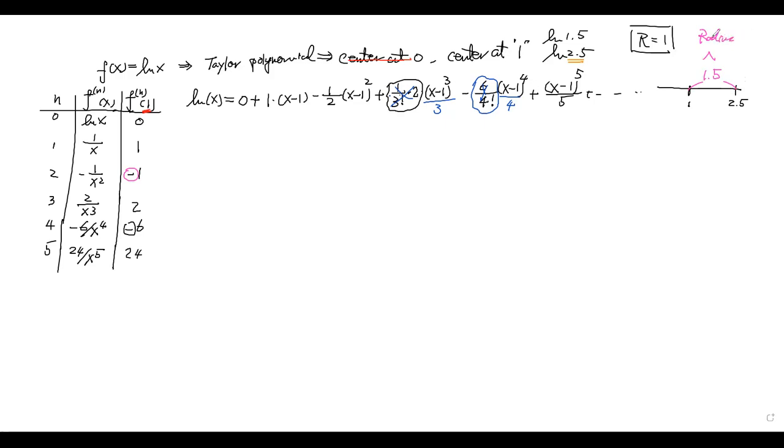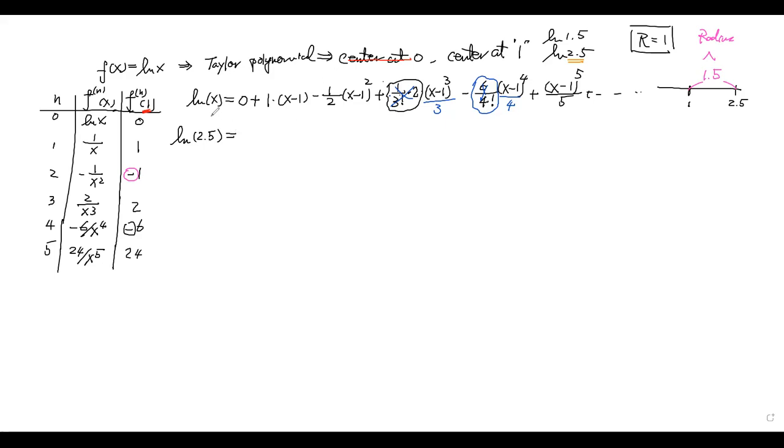So let's take a look. What does that mean if you find the value outside the radius of convergence? Can I use this expansion to estimate natural log 2.5? Well, let's see here. For natural log 2.5, I can just plug that in, right?